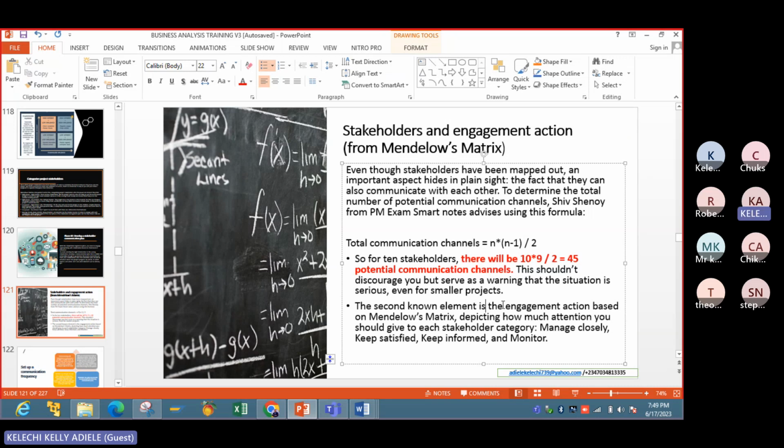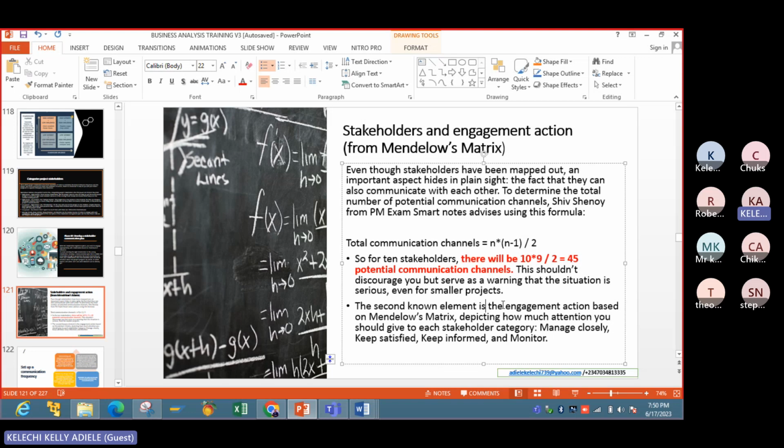So you understand that this communication plan will have to be flexible, and you have to have more than one communication plan.